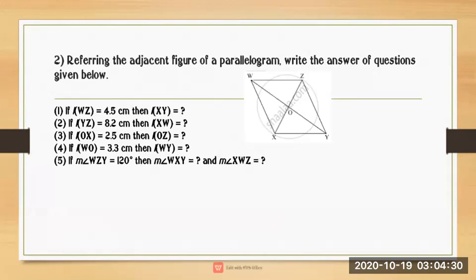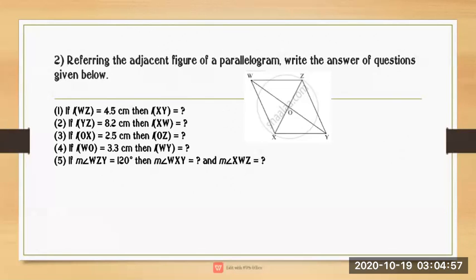Now first you will give me the answer for WXY. What will be the measure of WZY? Very good, 120 degree. Reason? Without reasons, you get half marks. Very good. Opposite angles are congruent.